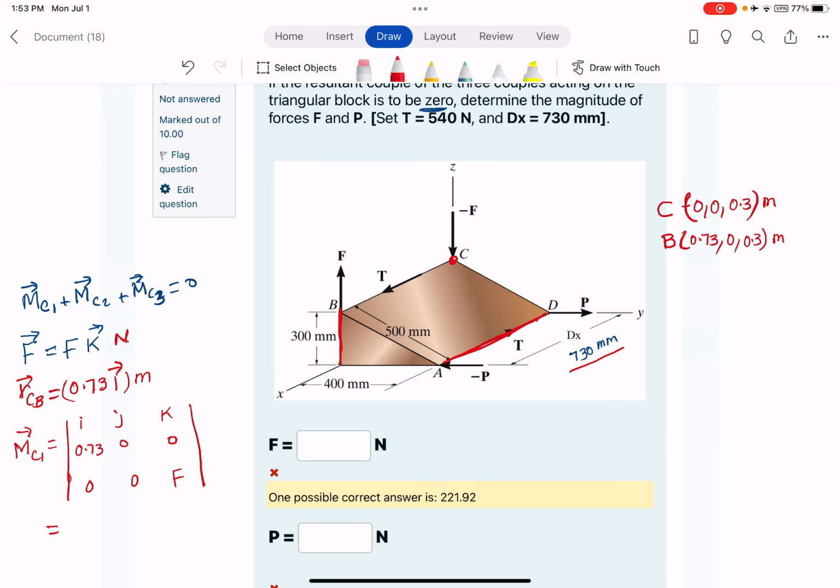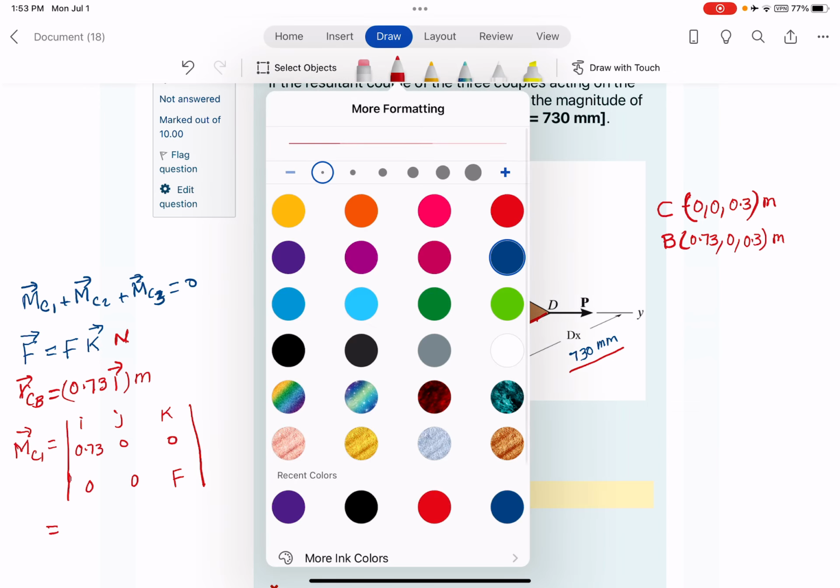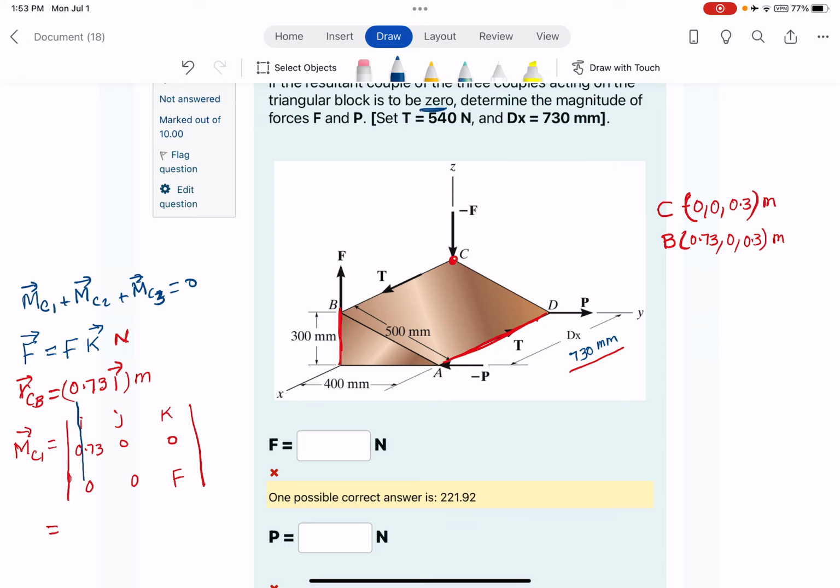So let's see what we're going to do with the first one. If we do the i, 0 minus 0, okay, so this is 0. There's 0 here. Let's do the minus j: 0.73 times F. Let's do the last one, the k.